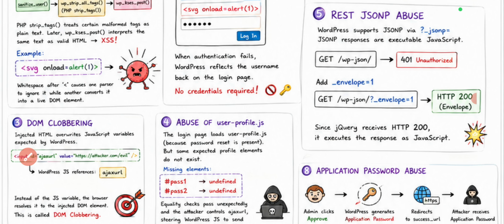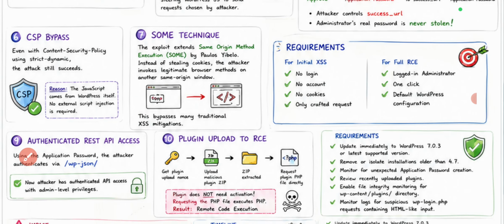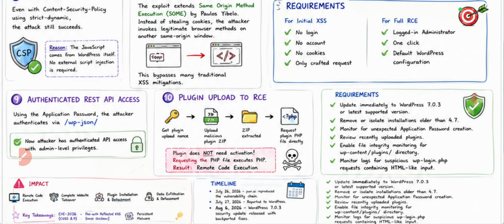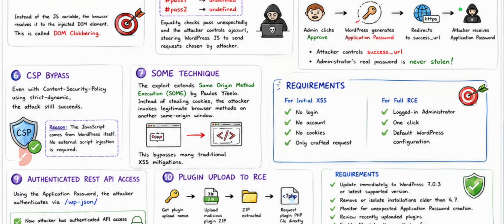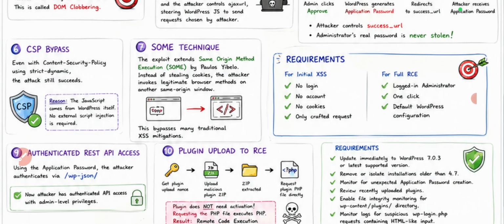The sixth is all about CSP bypass. We are at the end of the session, folks. CSP bypass says that even when the content security policy uses strict-dynamic, the attacker still succeeds, because the JavaScript comes from WordPress itself.